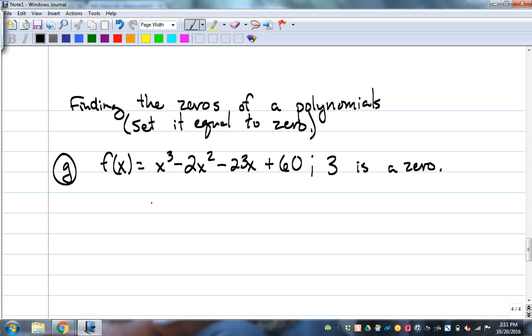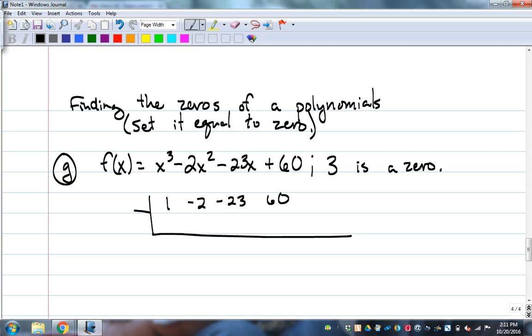All right, now, in order to find those other zeros, we need to do synthetic division to break this polynomial down so that we can factor it. Once we get it factored, finding the zeros is the easiest part. So we're going to set it up: 1, -2, -23, 60.